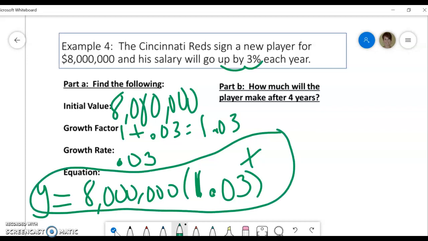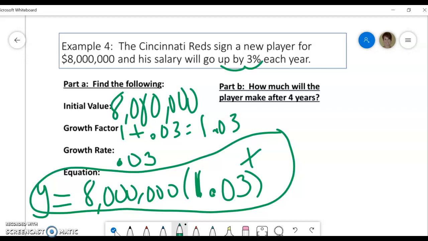Now all you need to finish this off is to take out your calculator, as I am now. On that calculator, we are going to figure out how much the Cincinnati Reds player is getting after 4 years. So we're going to type in 1.03, which is 3%. Do not do 1.3. That'd be 30%. That'd be an insanely amount of money. But 1.03, and you're going to take that to the 4th power.